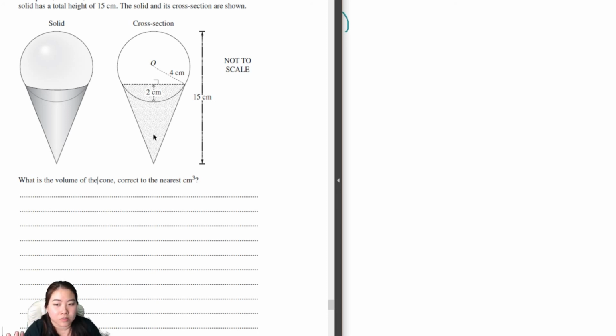So difficult that I don't think it's part of the general maths syllabus. So I'm just going to assume that it is just the volume of the cone, just pretending that the sphere isn't even there at all. So let's get into it.